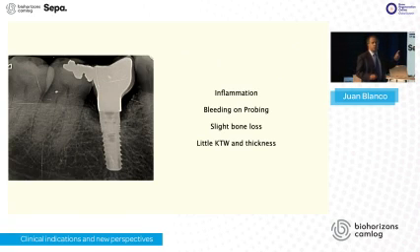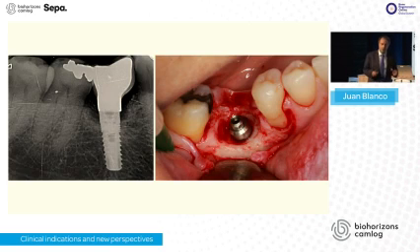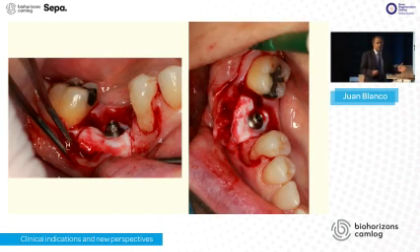So we have to go to clean first the surface of the implant. We have to clean the defect, eliminate the granulation tissue, also to polish the surface of the implant, and then to increase this keratinized tissue, we go for a membrane, a Novo Matrix membrane, that in the same way I saw you before, we make a hole with a punch and we stabilize the membrane with the own implant.